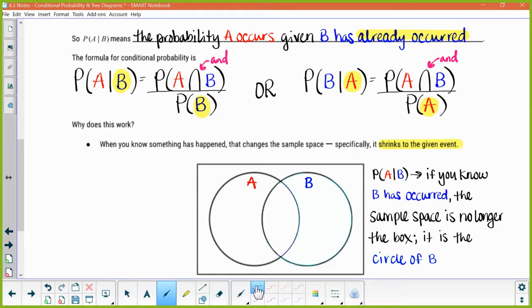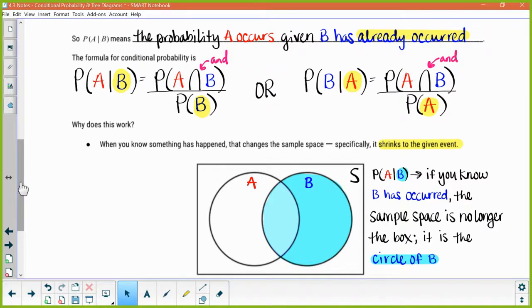It's no longer S. It shrinks to the given statement, to the circle of B. So now I'm no longer the entire box S, I'm now just the circle B. That changes the denominator of my probability.